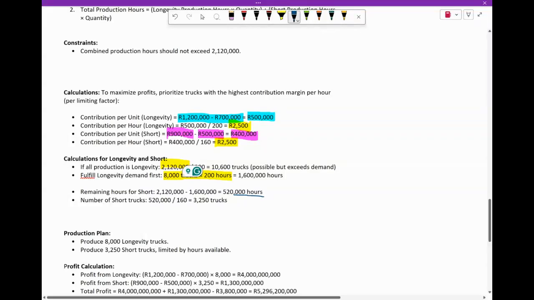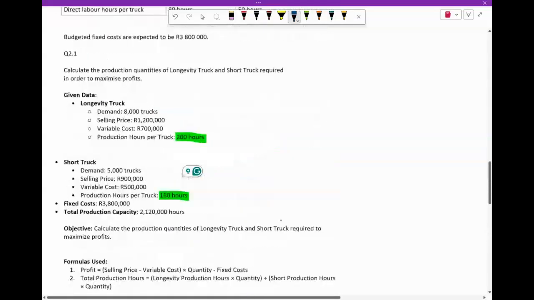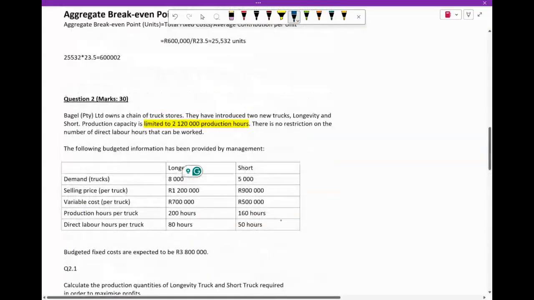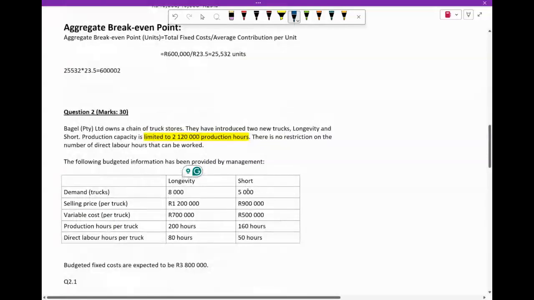Here you can see it's 520,000. Then we ask ourselves, how many trucks can we produce with that for short? So we divide that 520,000 by 160, and we get 3,250 trucks. But how many trucks did we want to actually produce? 5,000.